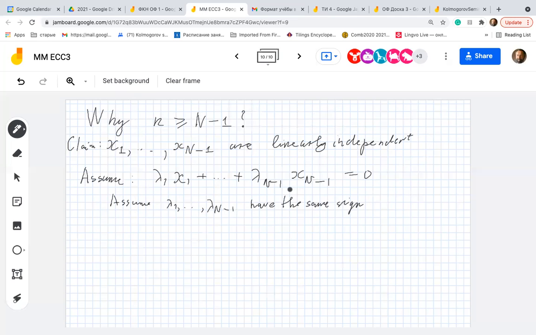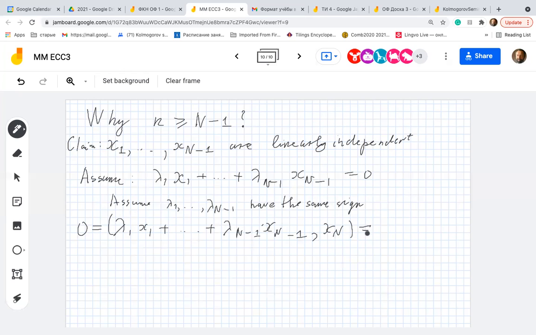In that case, we multiply this equality by xn. So we have one more vector, xn. Let's just multiply by xn. On one hand, we have 0 because we multiply a 0 vector by xn.